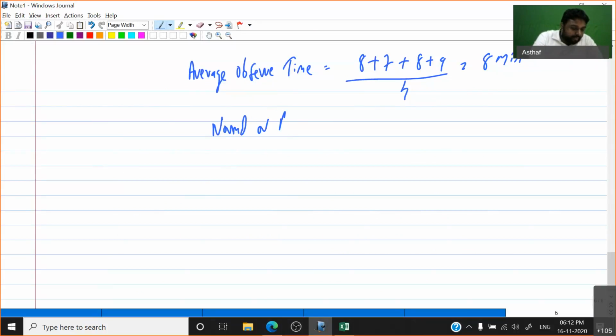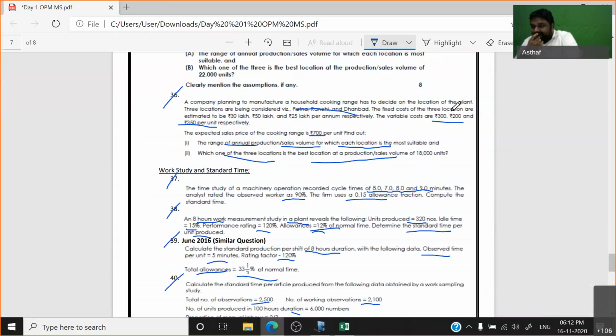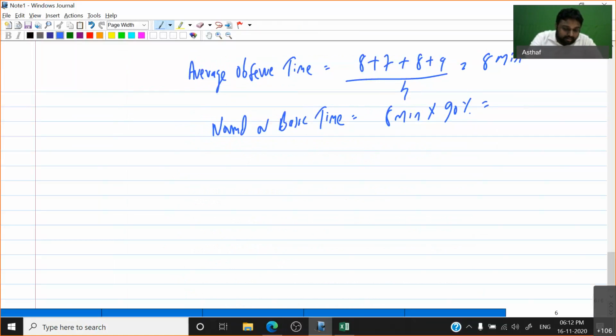What is the normal or basic time? Normal or basic time equals 8 minutes into performance rating, where the performance rating is 90%. 7.2 minutes.